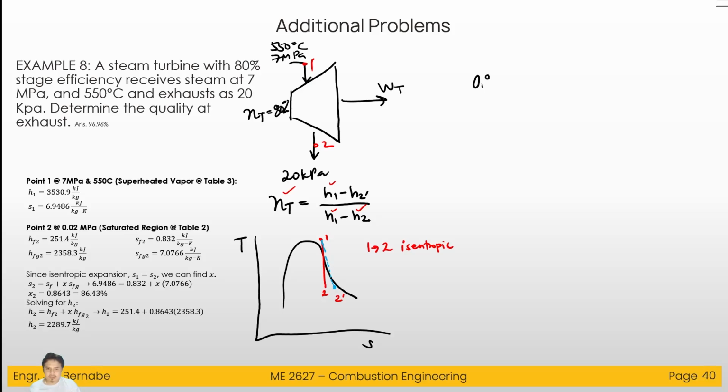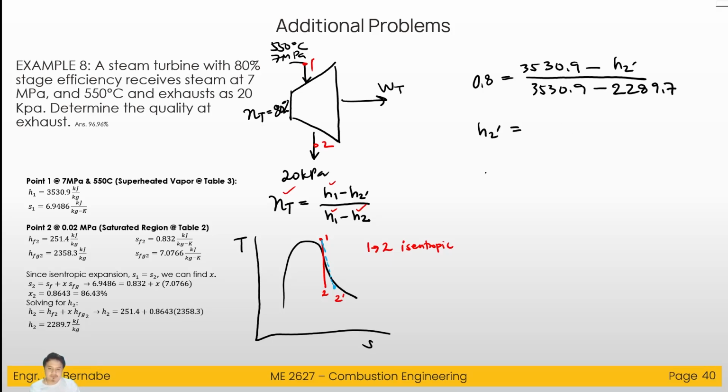So you have 0.8, and then h1 is 3530.9 minus h2 prime. h2 prime is not given. And then you have 3530.9 minus h2, that is isentropic. So you can find h2 prime.